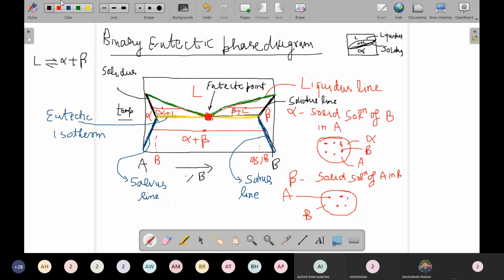We have already discussed this in the binary isomorphous system. Anyone remember?